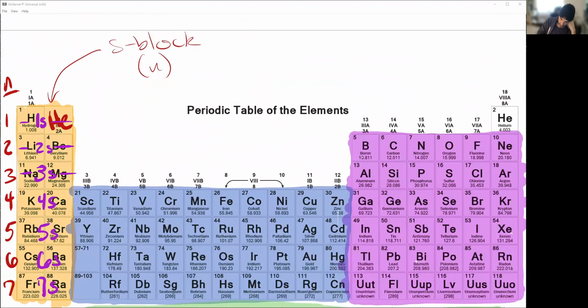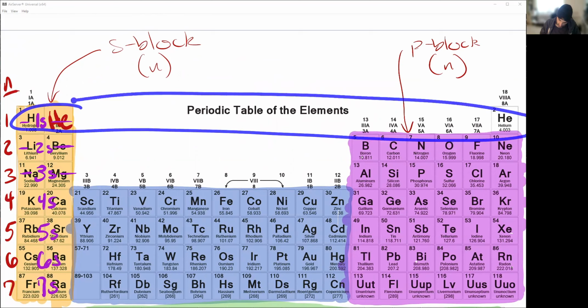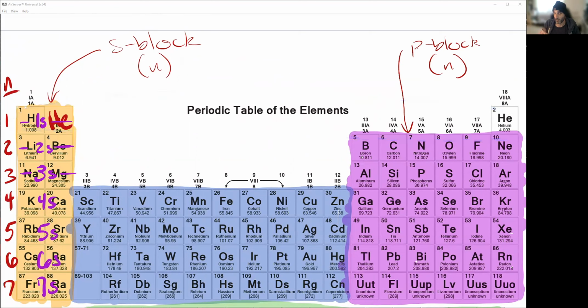Okay. So next up, this purple block here is known as the P block. And much like the other one, it's just n, whatever's out front. So we're going to switch this to, let's see here, let's try gray. It's a little hard to see. Perfect. Maybe that works. All right. So this row right here is 1s, and there's no 1p. And quantum numbers are going to tell us that.